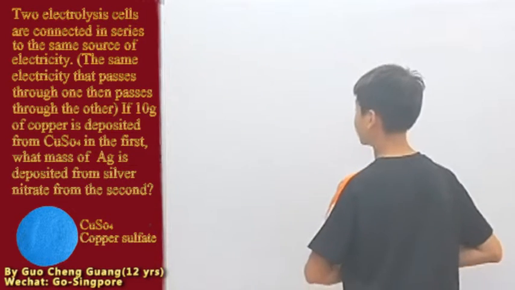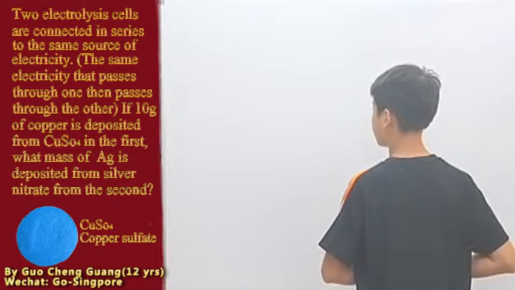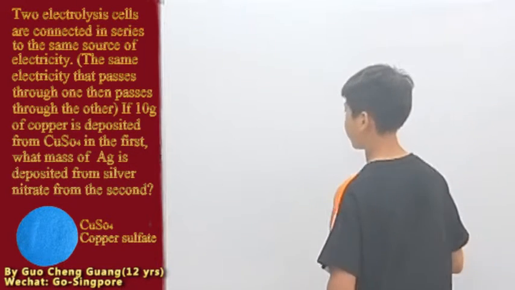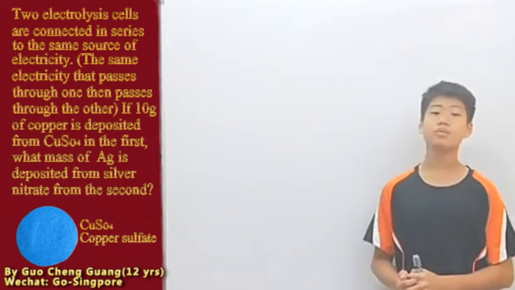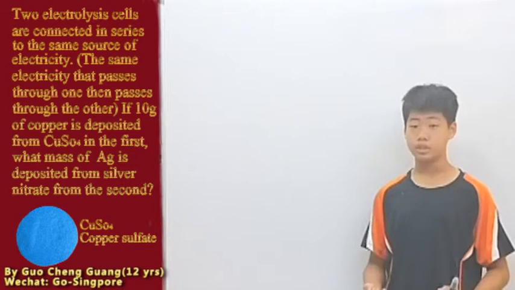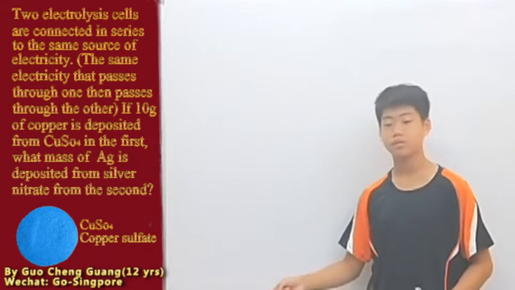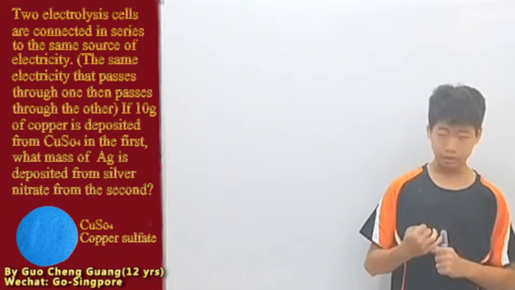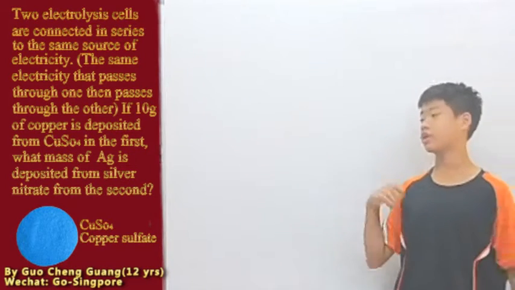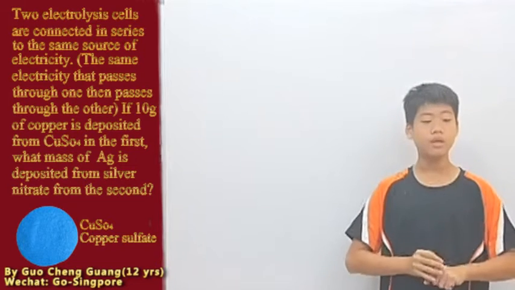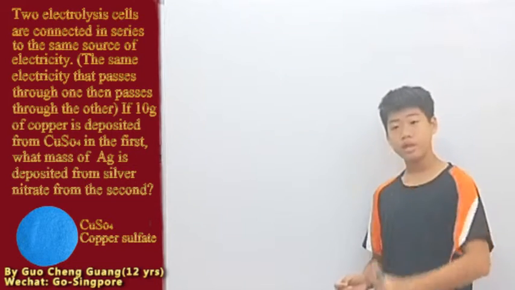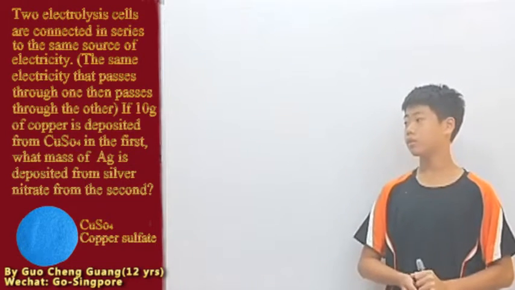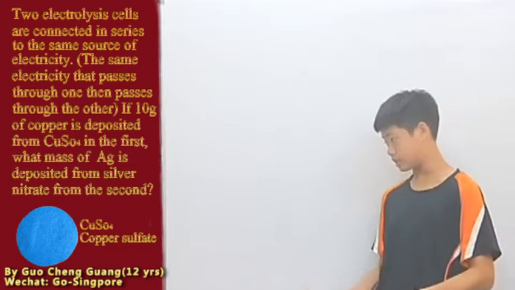Two electrolysis cells are connected in series to the same source of electricity. Here we're still using electrolysis, and in electrolysis we can find the mass, the time taken, and the current. Electrolysis, as its name states, is electro and lysis.